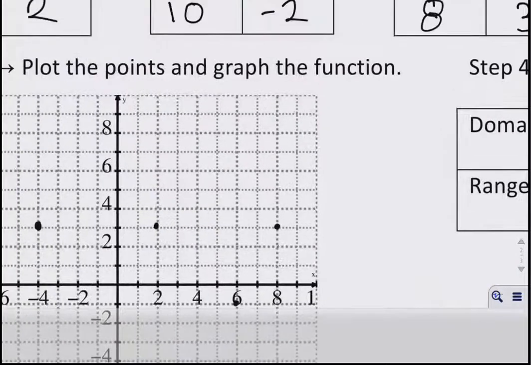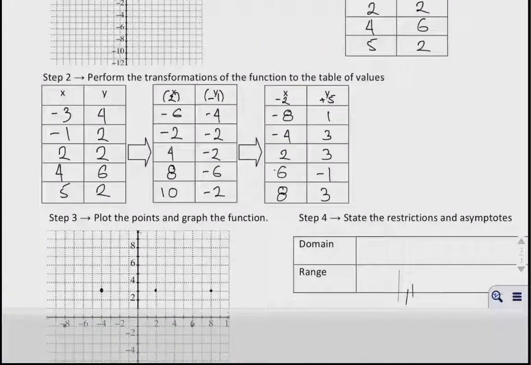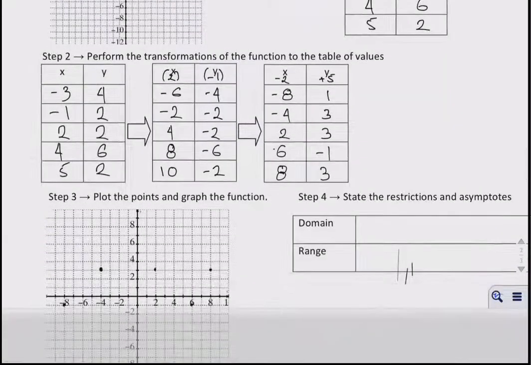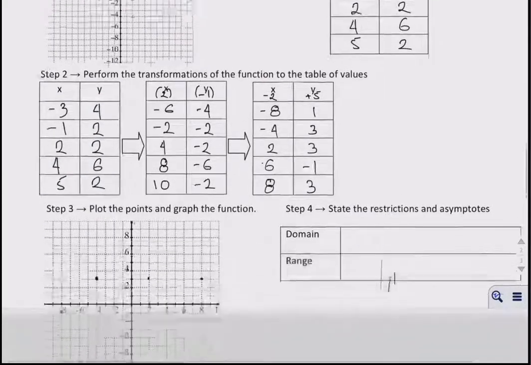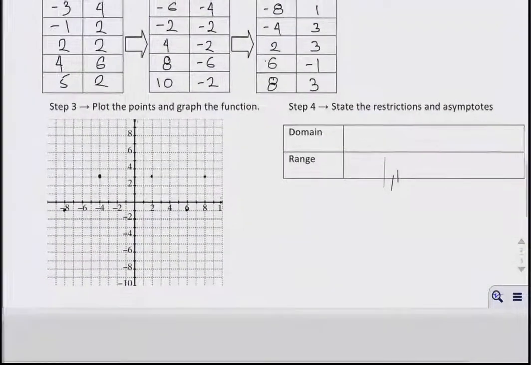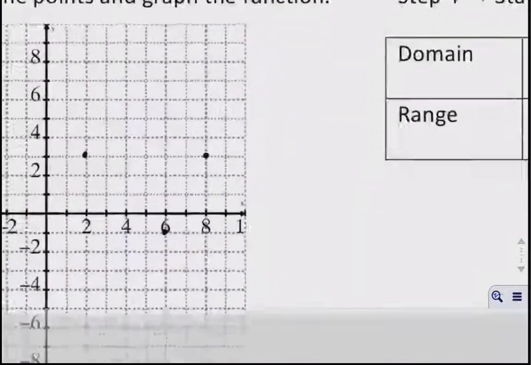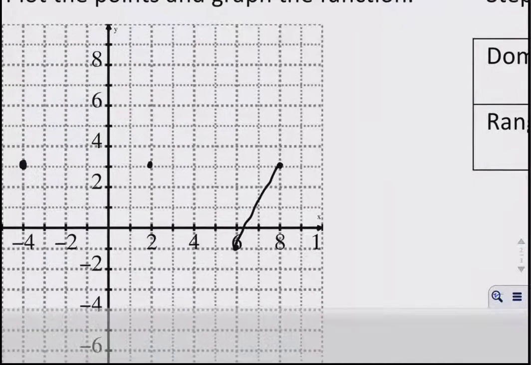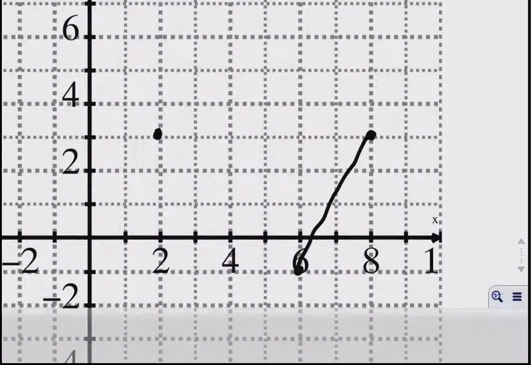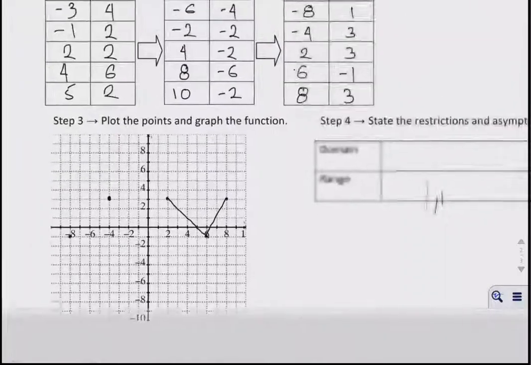So using the previous graph kind of as a benchmark for what we're doing here, we do have a reflection in the x-axis, so basically everything's going to be upside down, which means that over here I'm going to get the v upside down. Oops, can do a better job there. And what else?